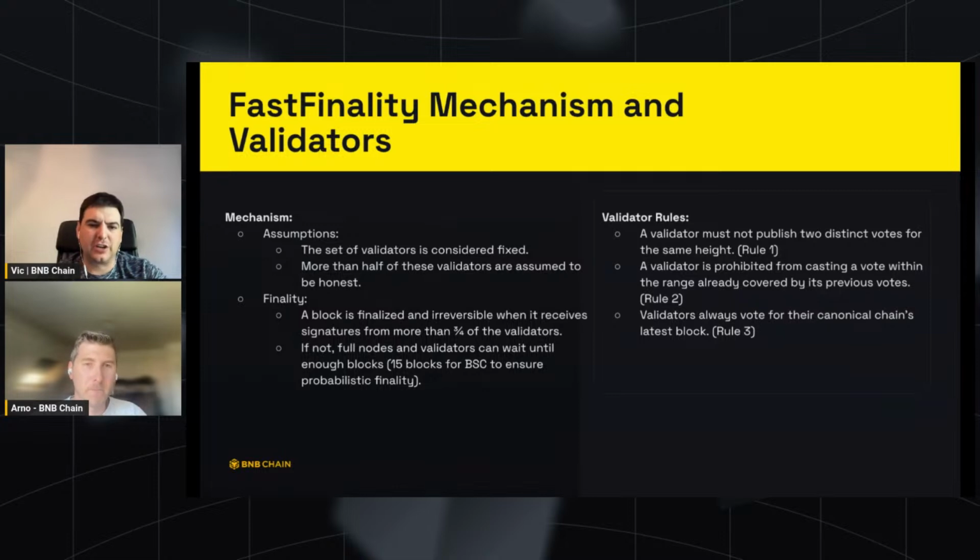The BNB chain was previously proof of stake authority, so it was fixed, and for any blockchain to work, it needs at least half or even 2/3 of the validators to be honest. So this is sort of like basic blockchain finality requirements for the proof of stake blockchain. Correct. It's one of the bases that is quite standard to all of the different consensus out there.